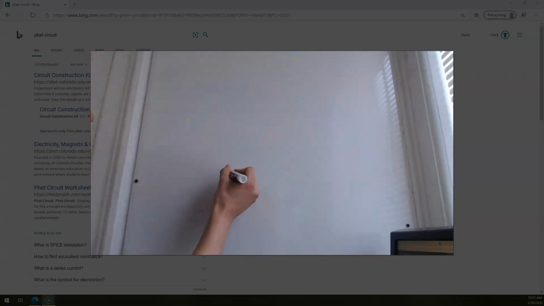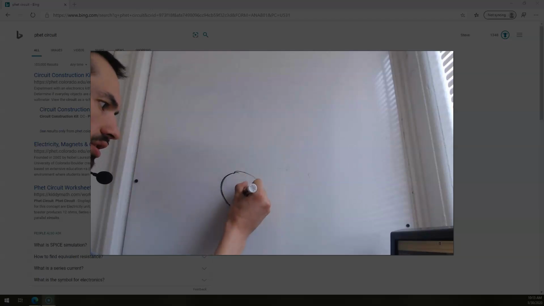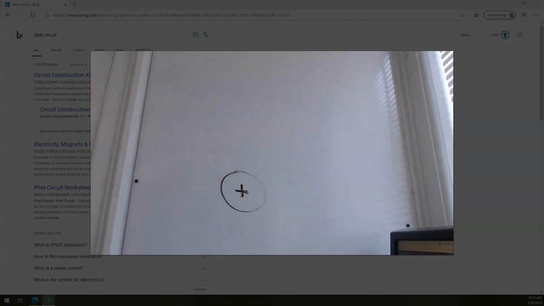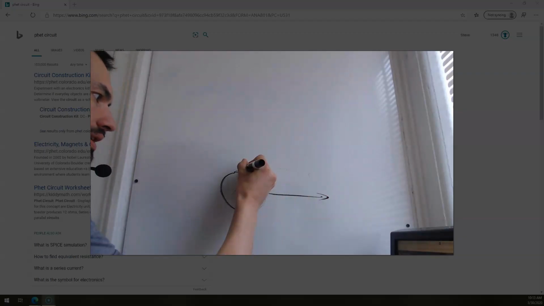So I have this thing that I say is positively charged, and we're going to talk about the field around this. So first of all, I know that the field points away from this.